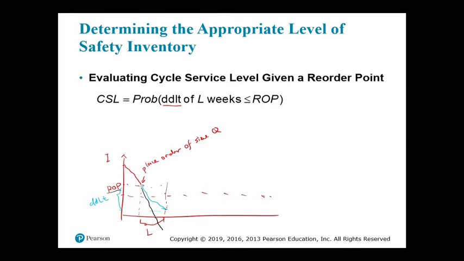In the other case, the demand during lead time is so large that my existing inventory at the reorder point cannot cover it. So then I run out of inventory during this cycle. This happens when demand during lead time is greater than the reorder point. Therefore, cycle service level is equivalent to the probability of demand during lead time being less than or equal to the reorder point.